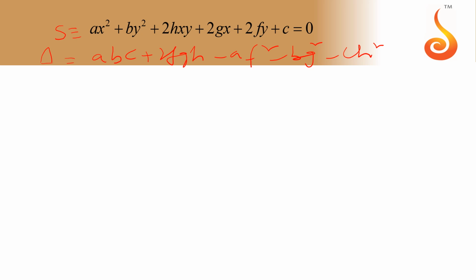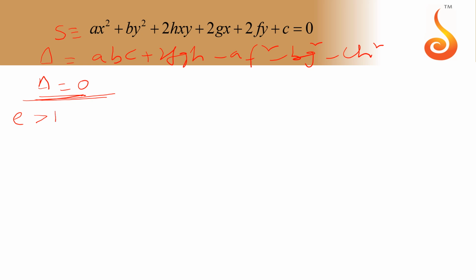If this delta is equal to 0, we say that S equal to 0 represents a degenerate conic. So what are the different situations under the restriction delta equal to 0?